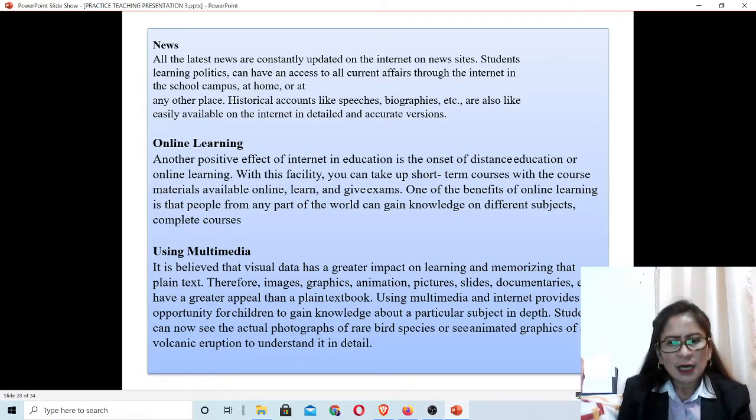Using multimedia and the internet provides an opportunity for children to gain in-depth knowledge about a particular subject. Students can now see the actual photograph of rare bird species or see animated graphics of a volcanic eruption to understand it in detail.